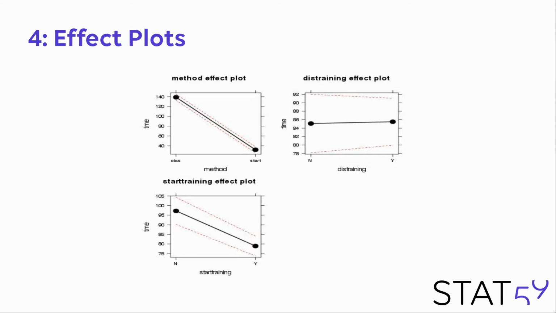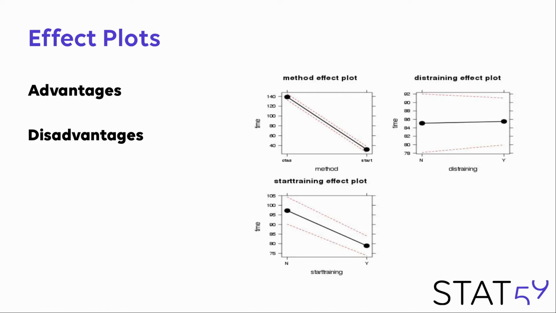Then we can look at the disaster training effect plot. We can see clearly the time to triage, whether you had disaster training or not. And then we can see the START training effect plot, which once again shows the same thing. So it's very quick here to take a look at the graphical representation.